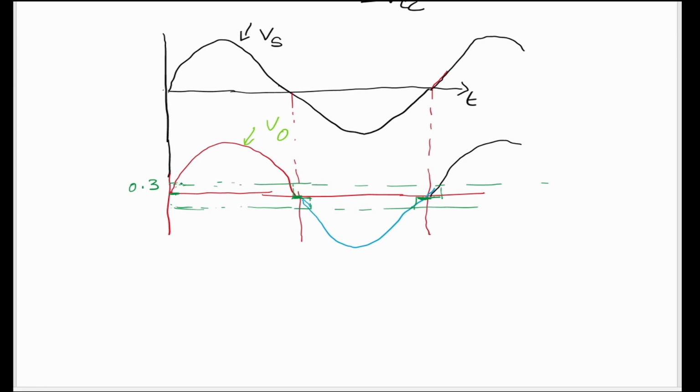So the actual output will be like this only. So when the output voltage crosses the 0 axis, there is a gap, that is a non-conducting period. So this is called as crossover distortion.